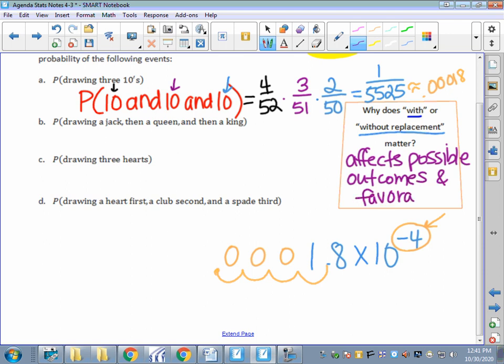We had 1 less 10 in the deck of cards after that first draw, so we had to watch out for that. Look for with or without replacement, because without replacement affects the possible and favorable outcomes. Not always favorable, but always possible. So we can talk about that.